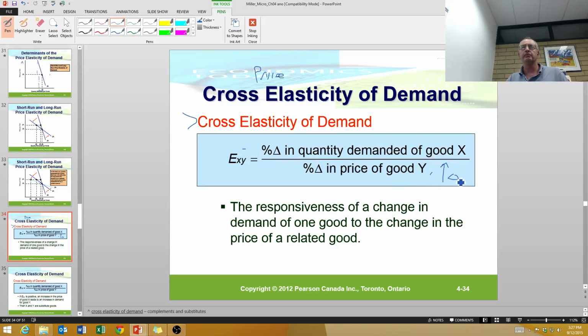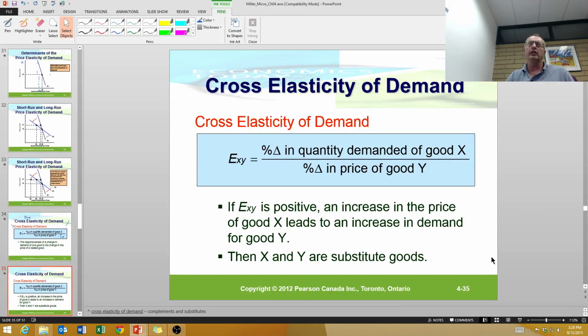And if the price of another product increases a lot and the quantity we consume of this other product decreases a large amount, then it's relatively elastic. So we've got the formula here. Let's look at the formula.